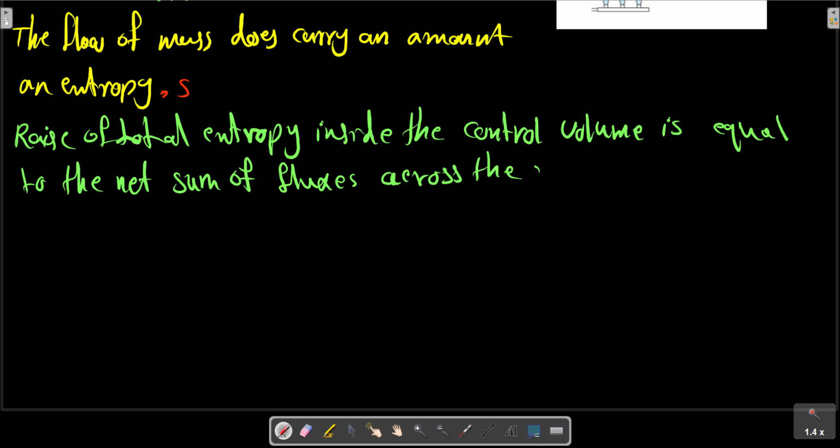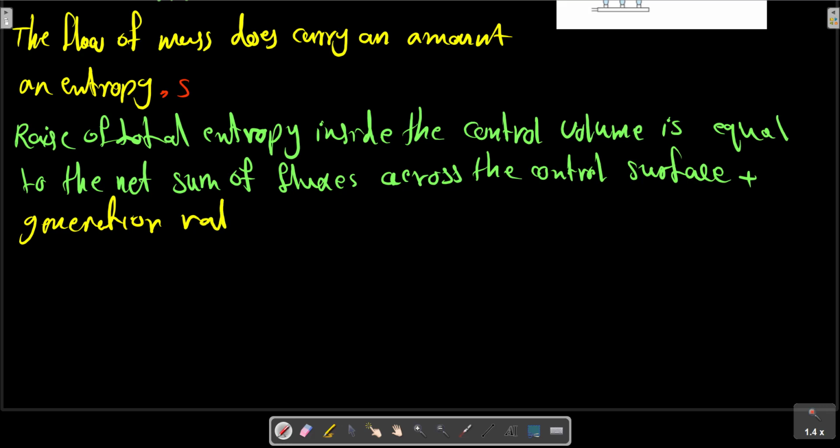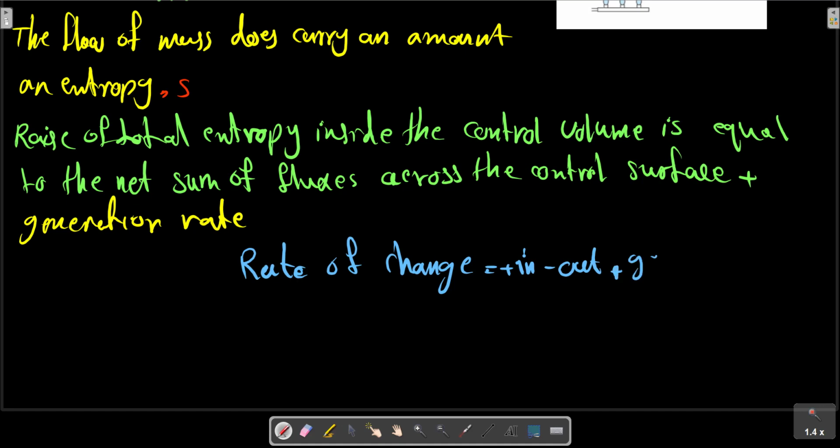Plus the generation rate. So we can write rate of change plus in minus out plus generation.